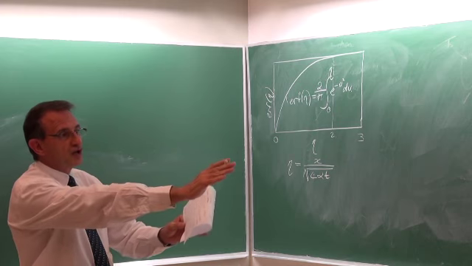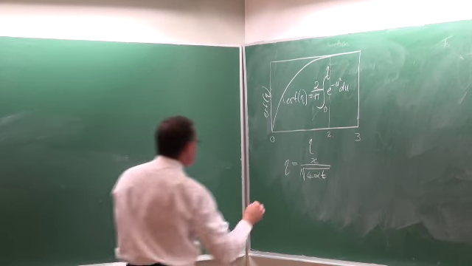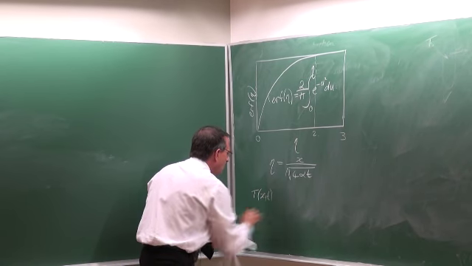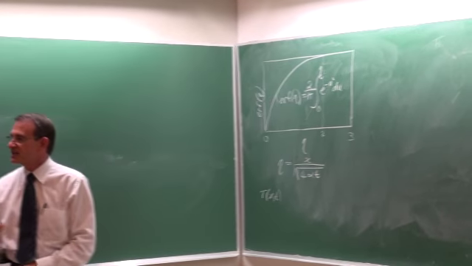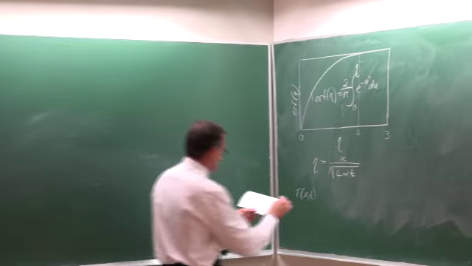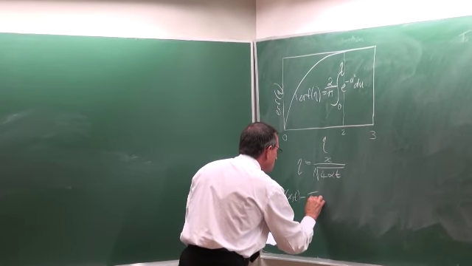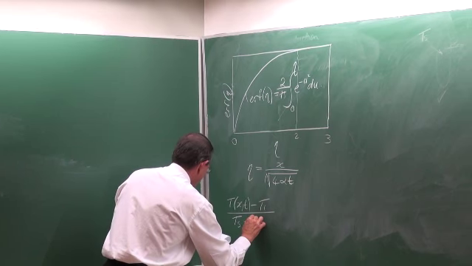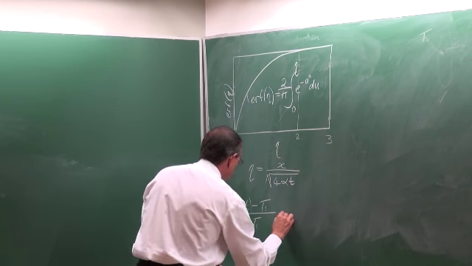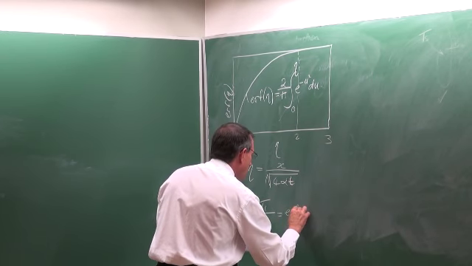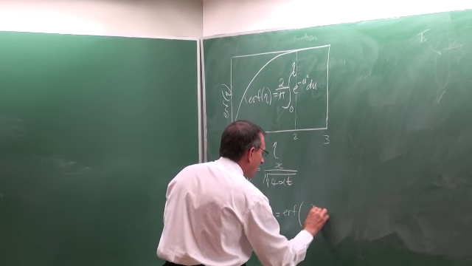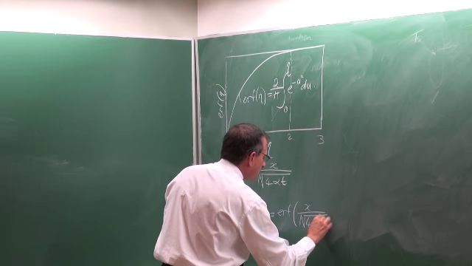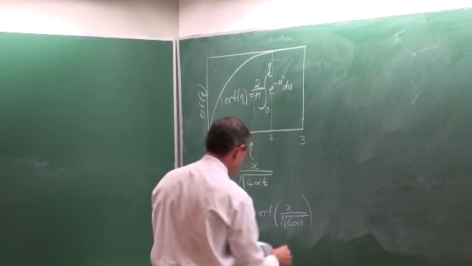So if we want to get rid of that integral, we can actually write this equation as the temperature as a function of x and t minus Ti, divided by Ts minus Ti, is equal to the error function of x divided by the square root of 4 alpha t.